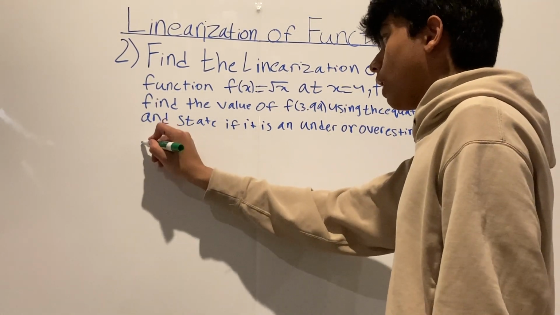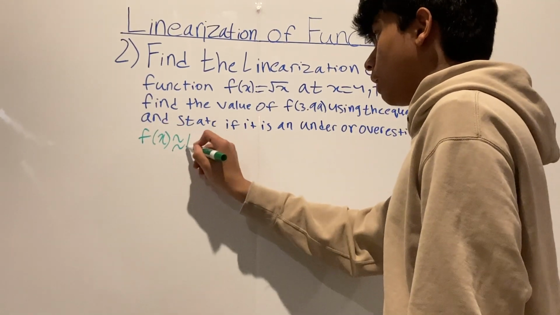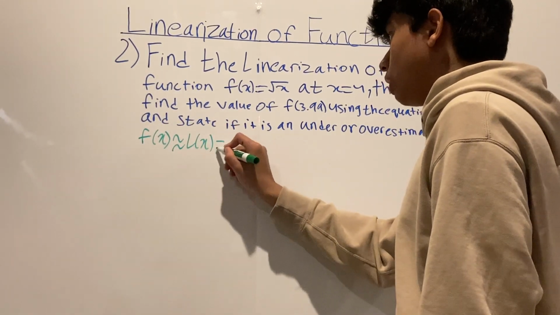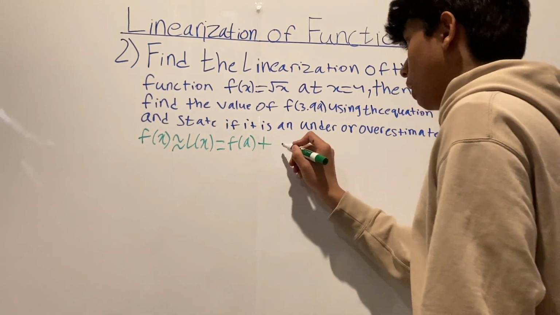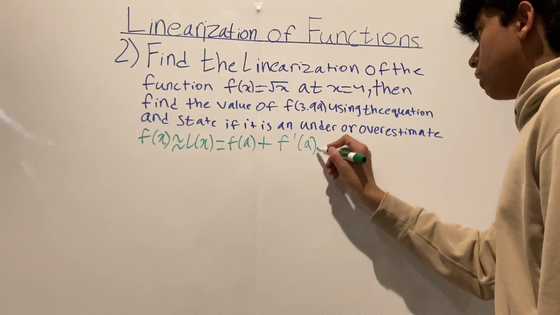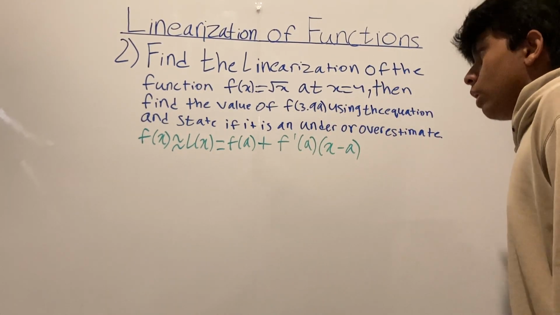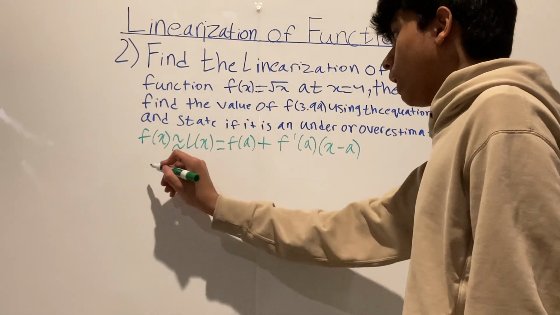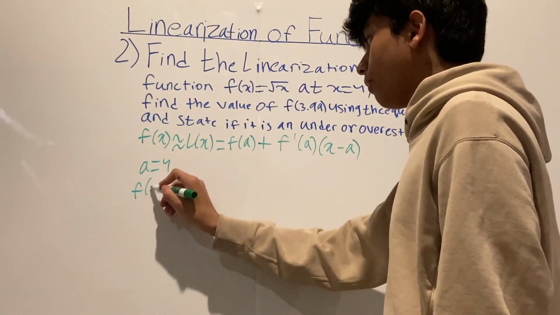So let's state that f of x is estimated to be L of x, which equals f of a plus the derivative of a times x minus a. So now we have a to be 4, which is given to us, f of a.